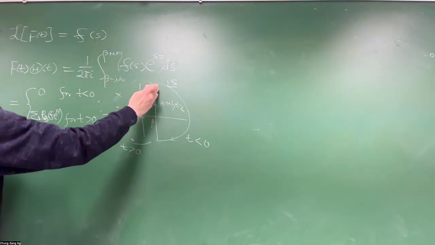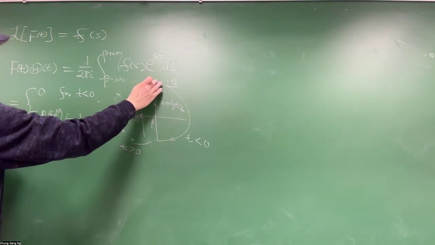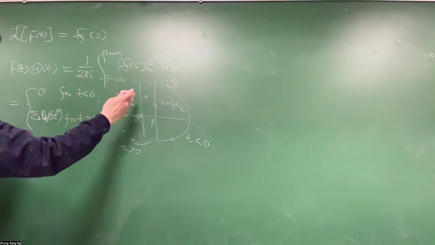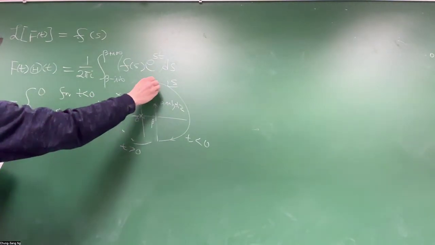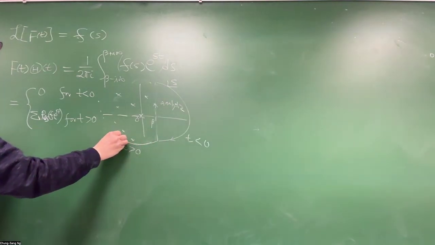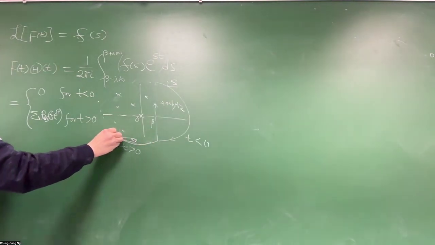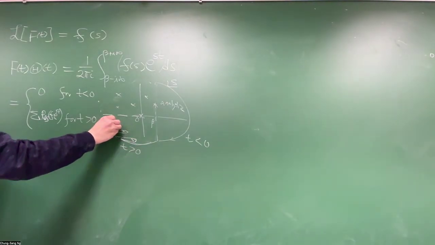What you need to do is move the straight line and deform it as you go, but you cannot pass anything there. You don't want to cross any singularity. It becomes something like that.